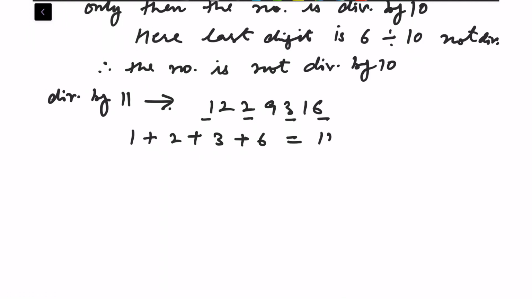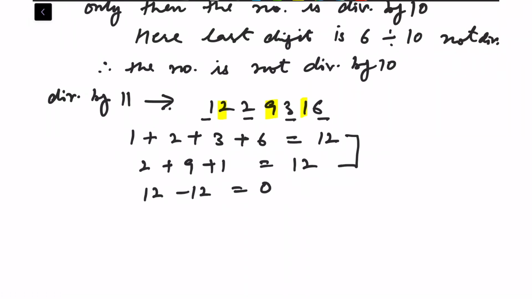We get 12. Also, the digits at even places are this one and this one. Now we'll take these numbers: 2 plus 9 plus 1. We get 12. Now subtract these both numbers. 12 minus 12, we get 0.